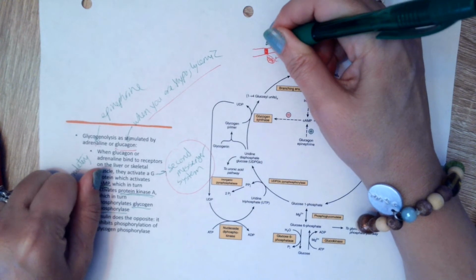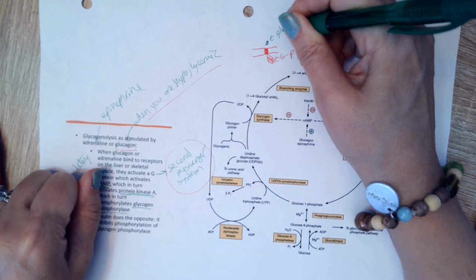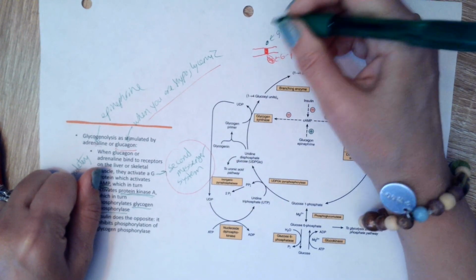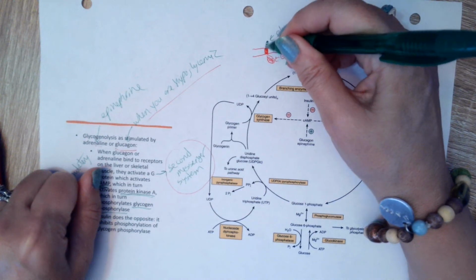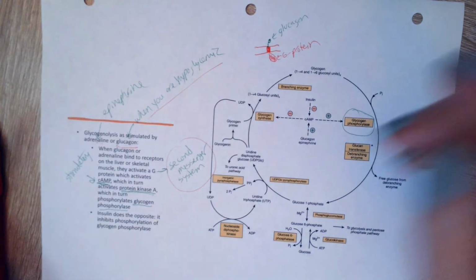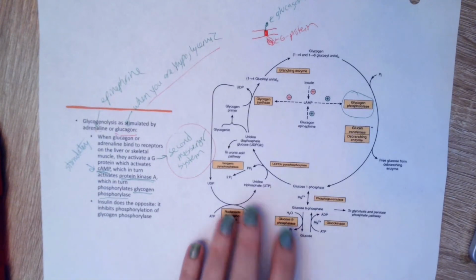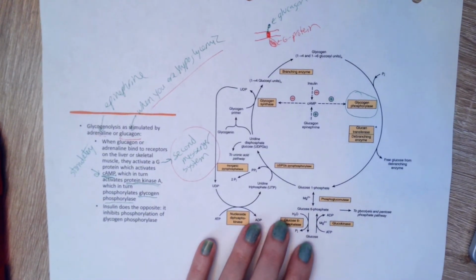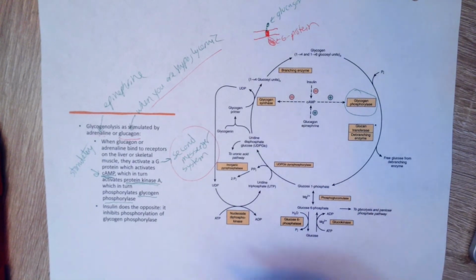And then here comes your, let's just use glucagon. There's a glucagon molecule, it binds to this receptor that activates the G protein, and when that G protein is activated, it in turn activates a bunch of different chemical reactions.